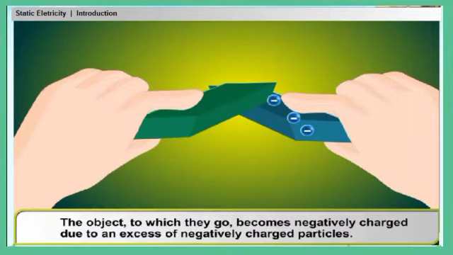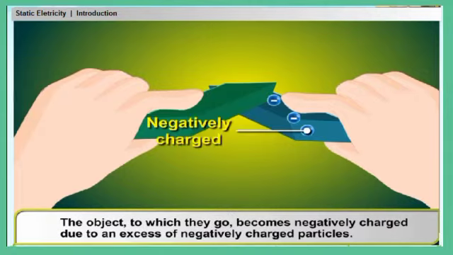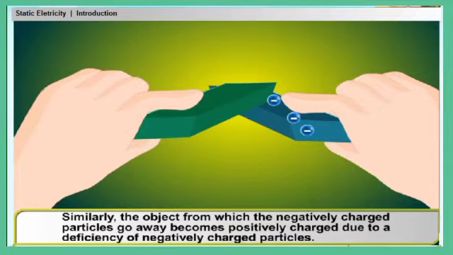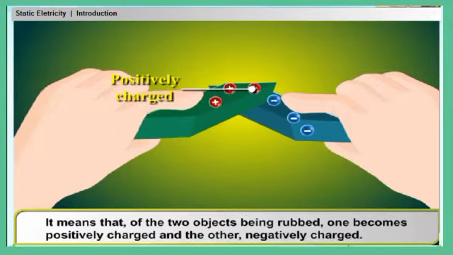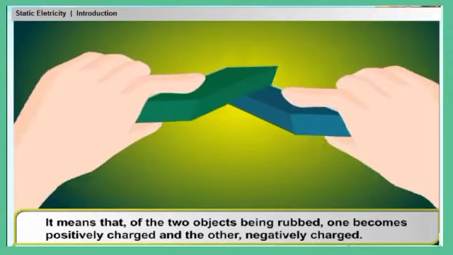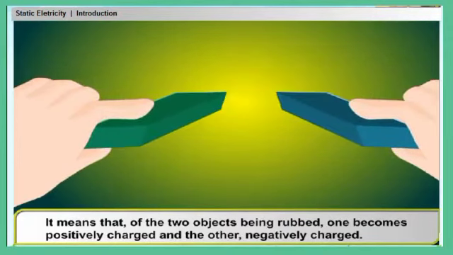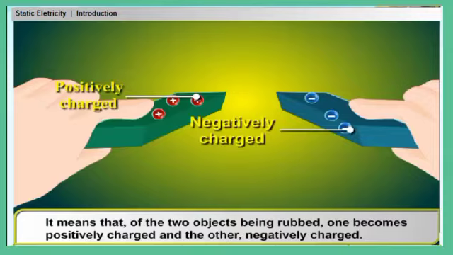The object to which they go becomes negatively charged due to an excess of negatively charged particles. Similarly, the object from which the negatively charged particles go away becomes positively charged due to a deficiency of negatively charged particles. It means that of the two objects being rubbed, one becomes positively charged and the other negatively charged.